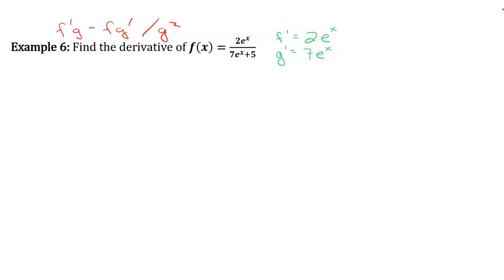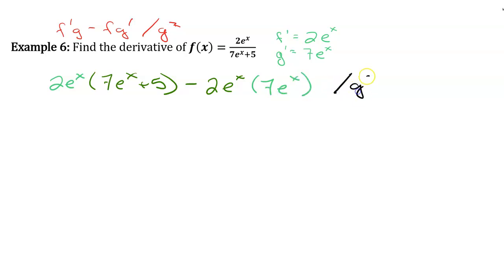Okay, so f prime times g minus f, careful of your mistakes, g prime, and then divided by g squared. Okay, so simplify. So we have 14e to the 2x plus 10e to the x minus 14e to the 2x.